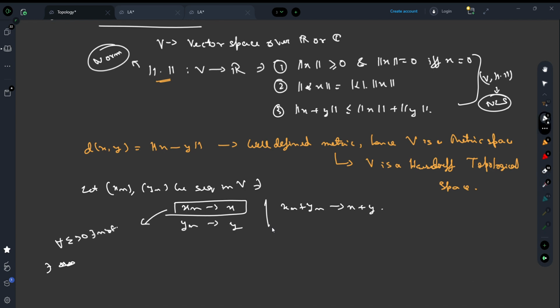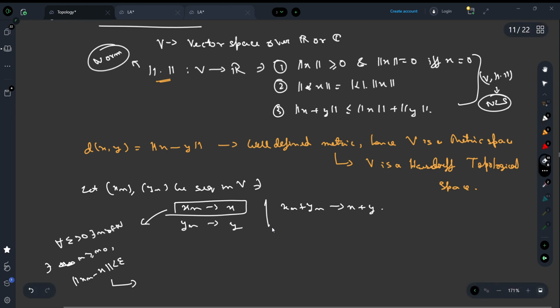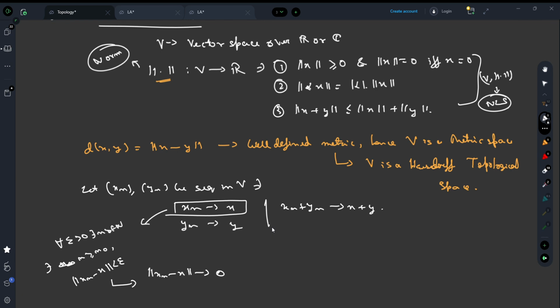Or in terms of limits, you can also think about this as norm of xn minus x tends to 0 as n tends to infinity. This is simply the definition of convergence of a sequence in terms of a norm.